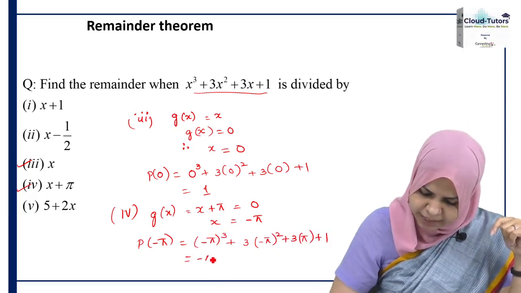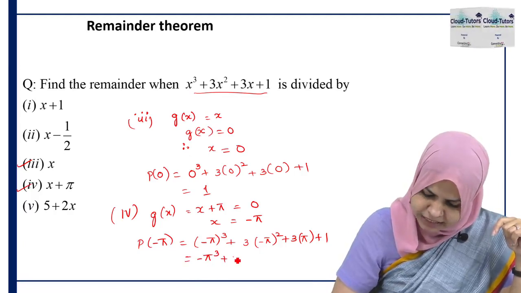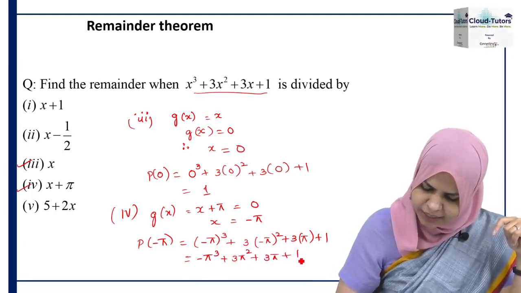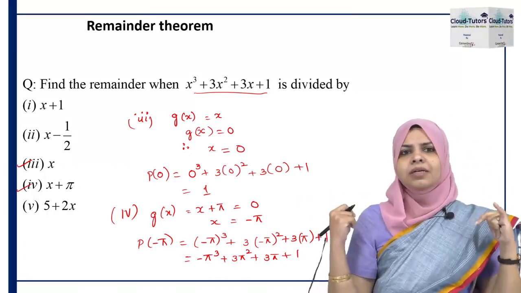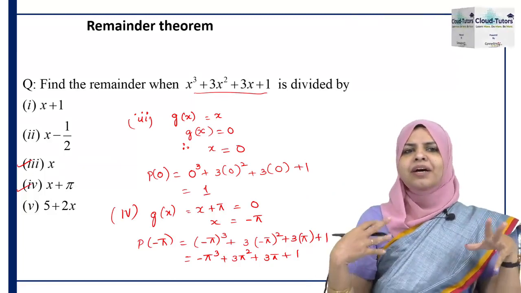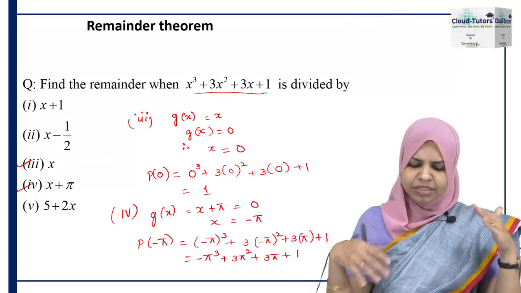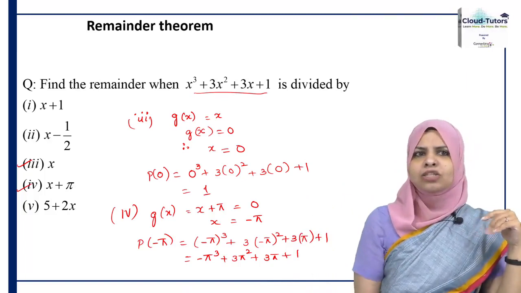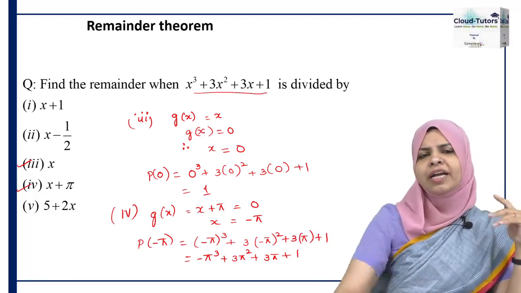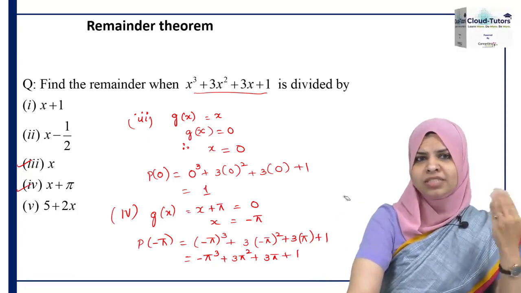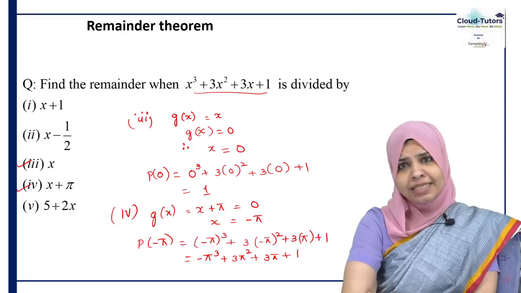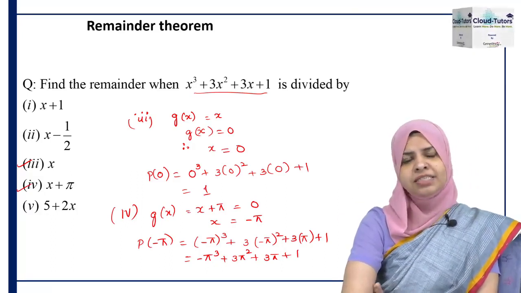So this is nothing but minus pi cube plus 3 pi square minus 3 pi plus 1. You don't have to simplify this further because it's a cubic and takes a lot of time. This could be your remainder, because pi is a constant. You can simplify it further by substituting the value as 22 by 7.